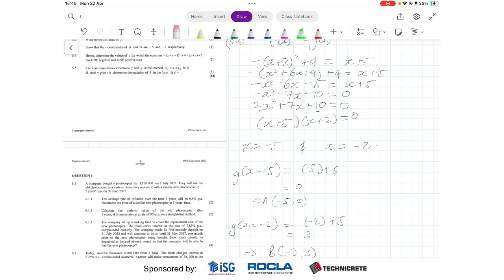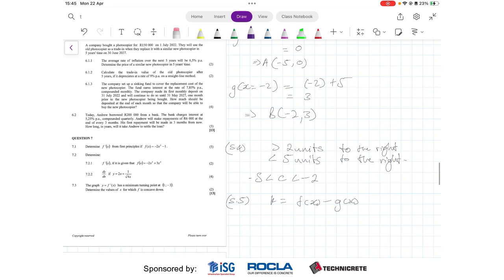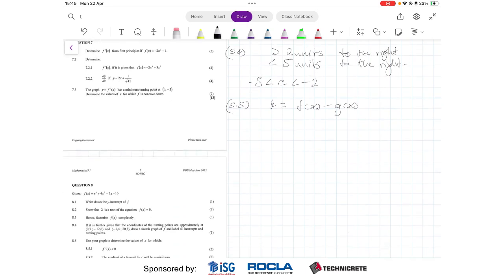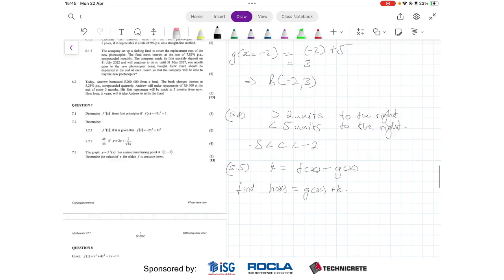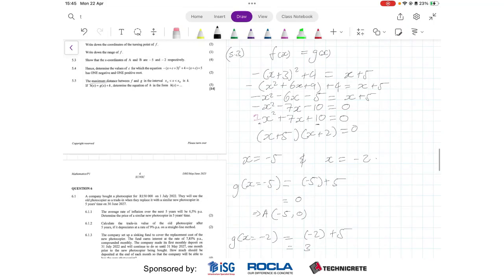Immediately from hearing the word maximum, you are looking to differentiate, right? Okay, so let's go to our differentiation steps. First, let's write down that h at x equals g at x plus k. Is that right? Yes, that is right. Wonderful.